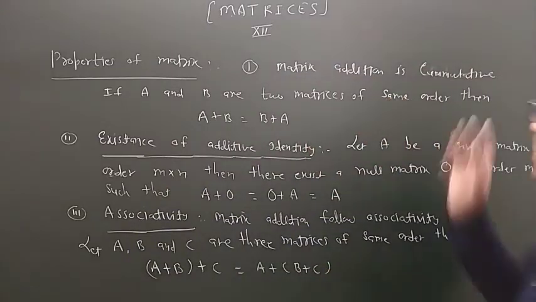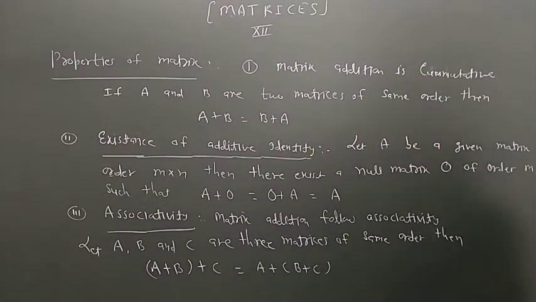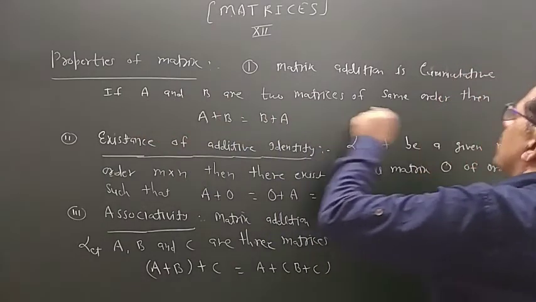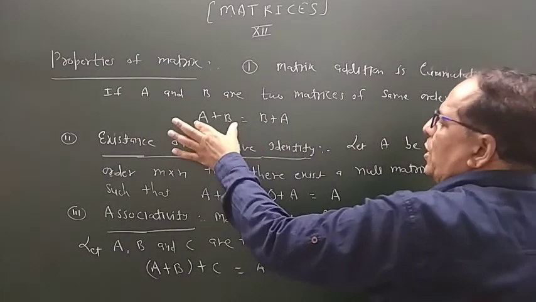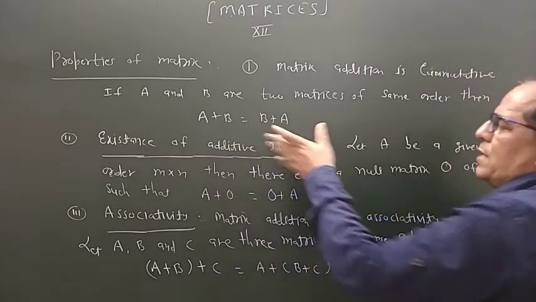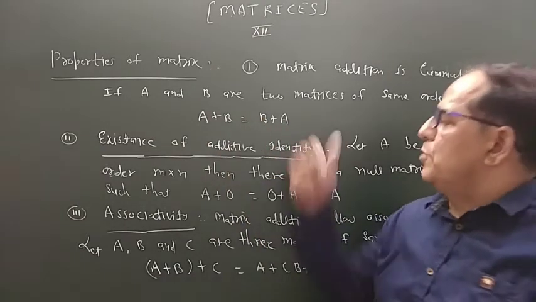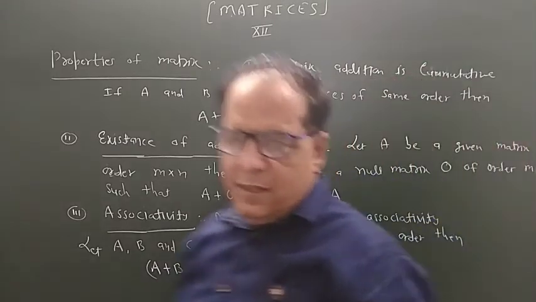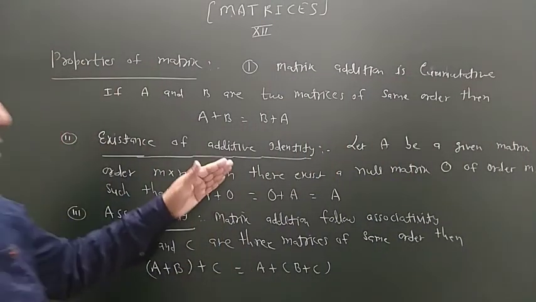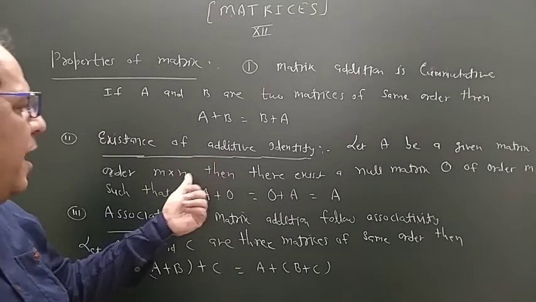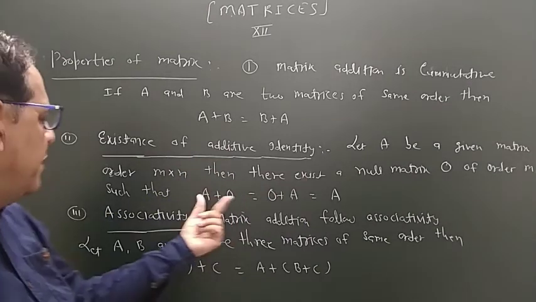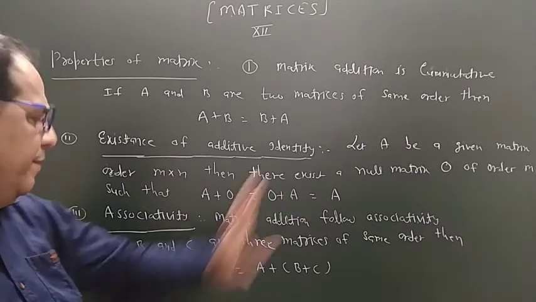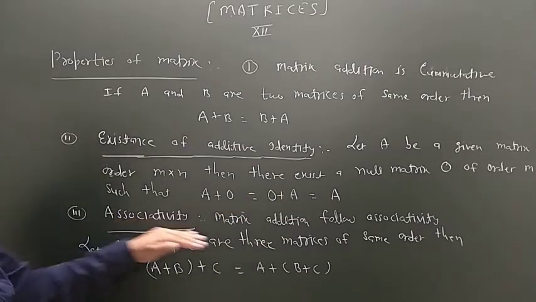So now I repeat the properties of matrices again. Matrix addition is commutative. That means if A and B are two matrices of the same order, then A plus B equal to B plus A. Second, existence of additive identity. That means each matrix of any order has a null matrix satisfying A plus null matrix equal to null matrix plus A equal to A. Third, associativity.